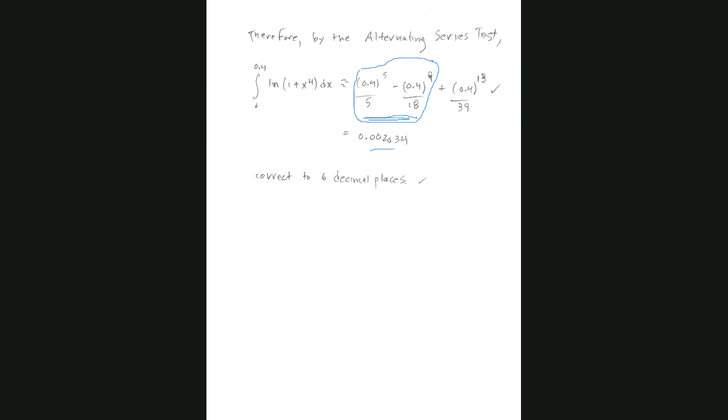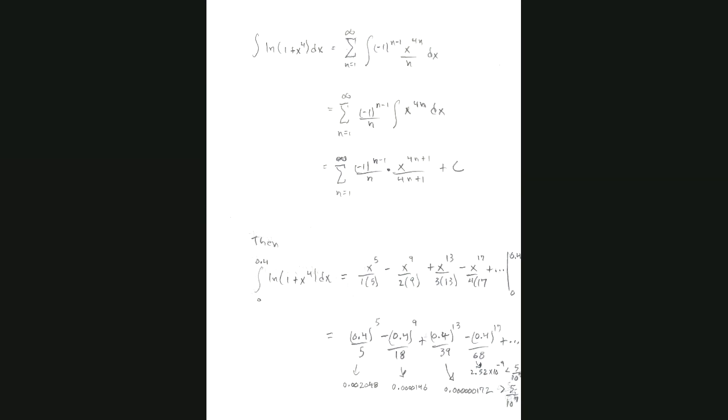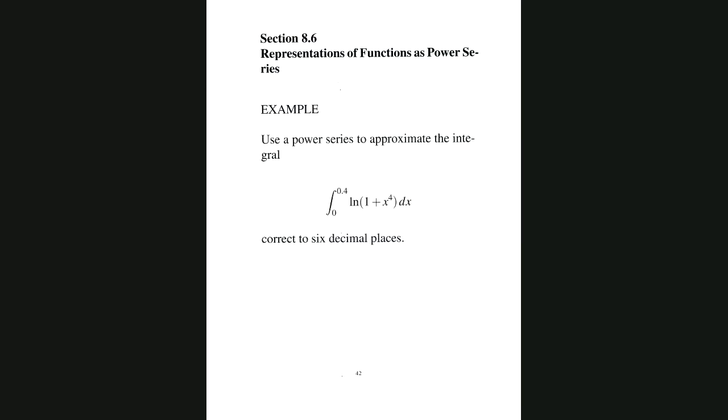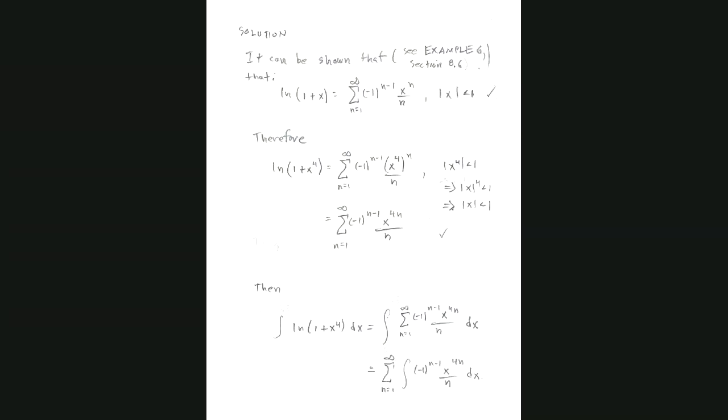What I would recommend, in the problem itself, it says approximate correct to 6 decimal places. So yes, we only really need 2 terms of the series, but it doesn't do any harm putting in 3 terms of the series.